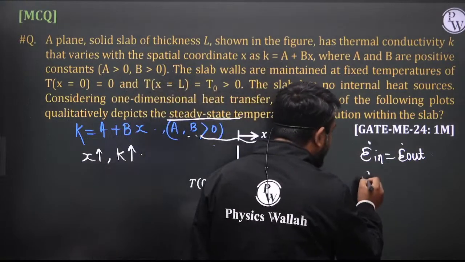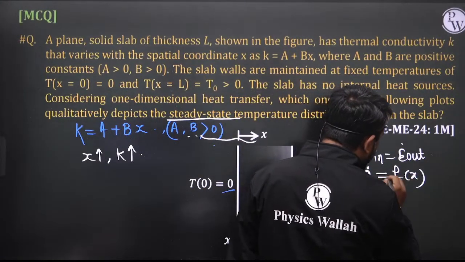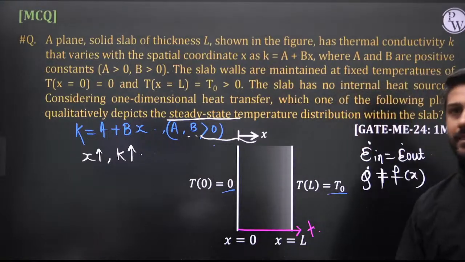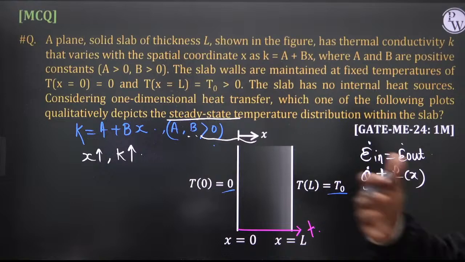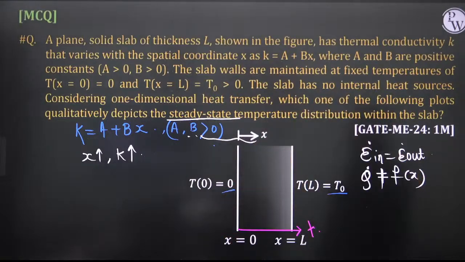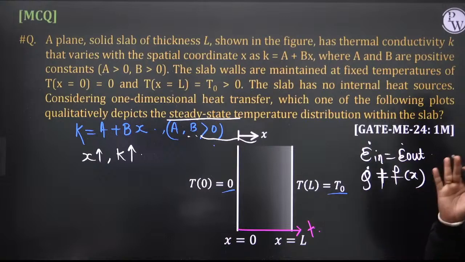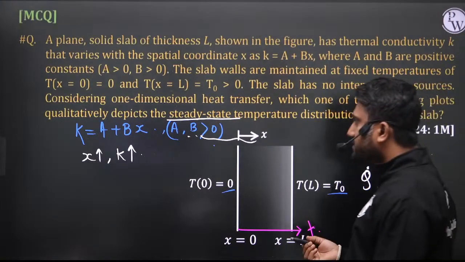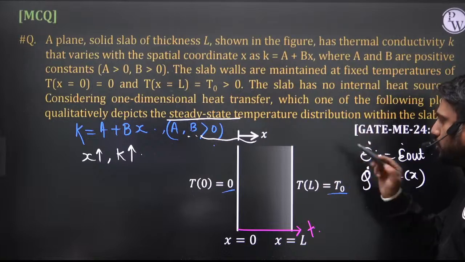So I can say the conduction heat transfer is not a function of x, because whatever the conduction in is the conduction out. The area normal to the direction of conduction heat transfer is also not a function of x.